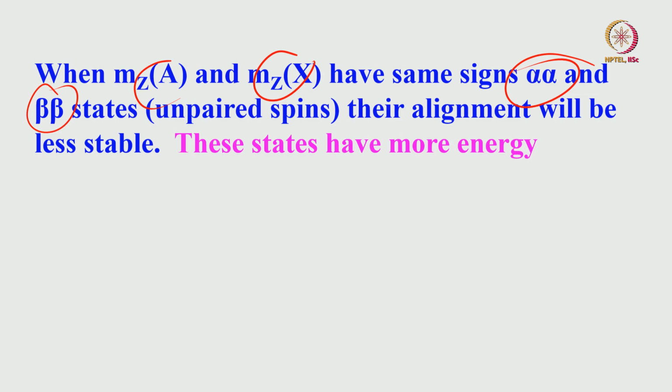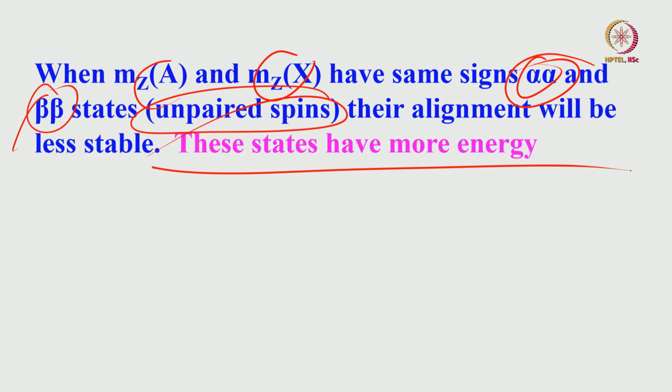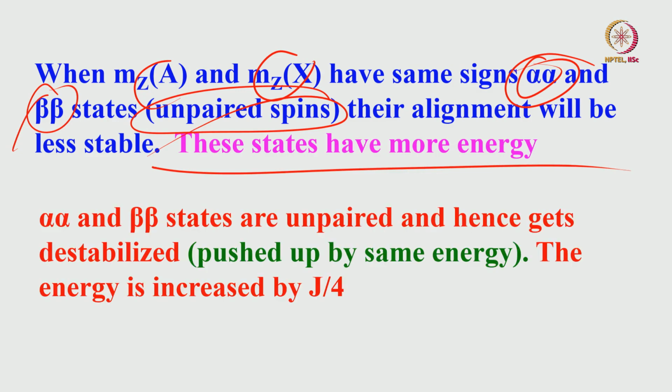They are called unpaired states. They are unpaired spins. Their alignment is less stable because they are unpaired. They have more energy. If you consider MZA and MZX having the same signs, alpha alpha and beta beta, they have more energy.